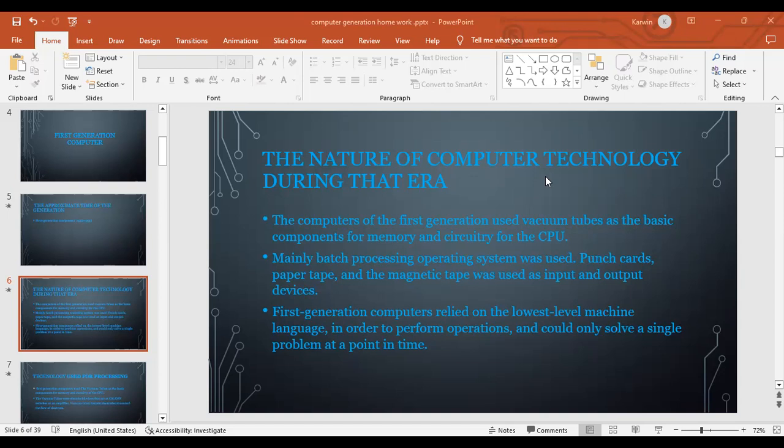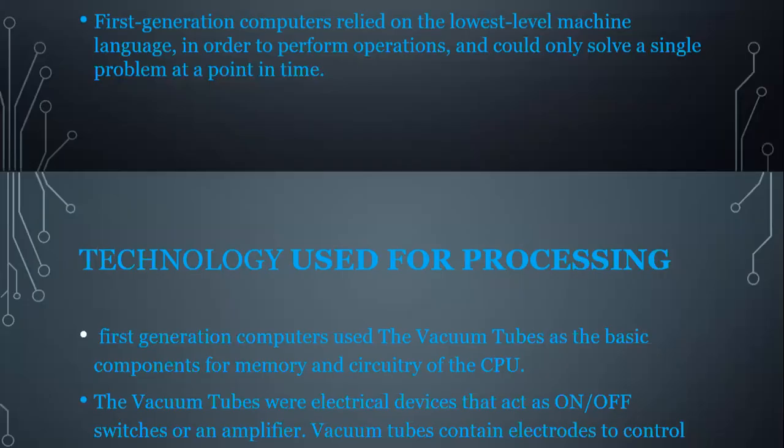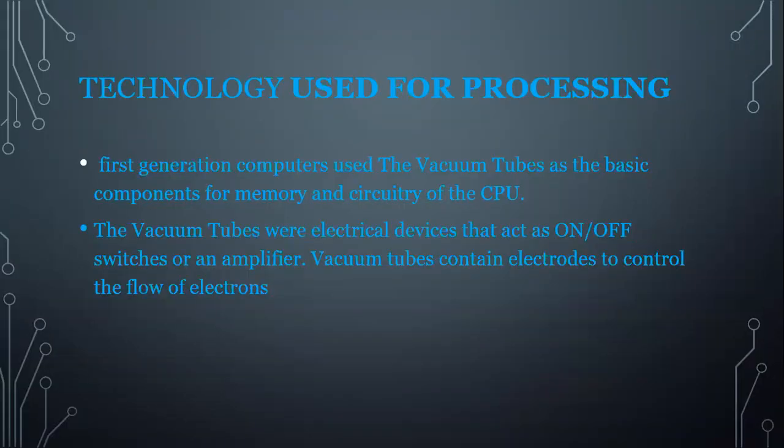First generation computers relied on the lowest level machine language in order to perform operations and could only solve a single problem at a point in time. Technology used for processing: first generation computers used vacuum tubes as the basic component for memory and circuitry for the CPU.